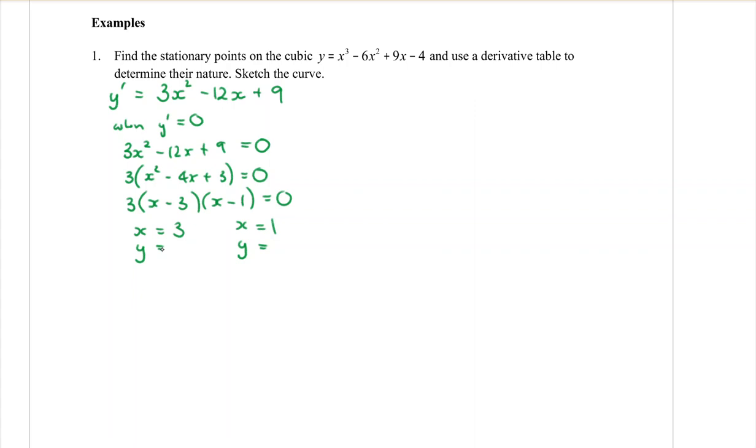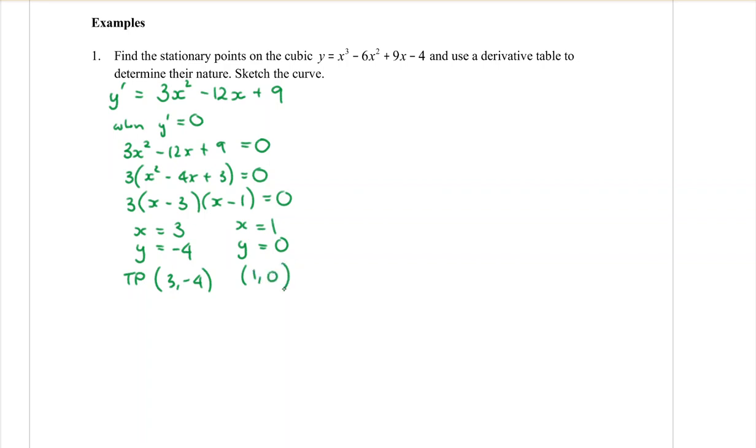Minus 4. Very good. And then do the same thing for 1. Excellent, good. So I have 2 turning points. 3, negative 4 is the first one, and the other one is 1, 0.